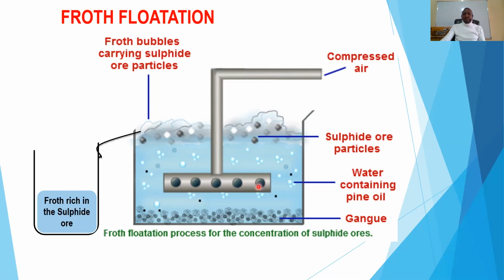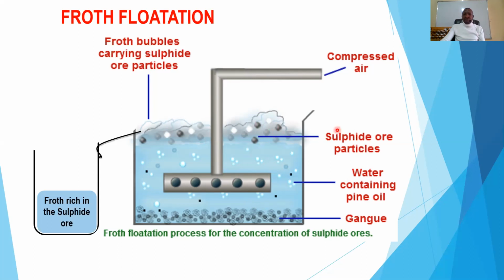When you blow in air from the bottom here, the sulfide ores are usually surrounded by the fine oil. The oil will surround the sulfide ore. Because the oil-coated ore is less dense, when you blow in air, the sulfide ore will float on top, and then we are going to have a froth which is rich with the sulfide ore.